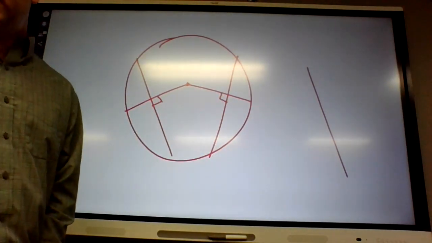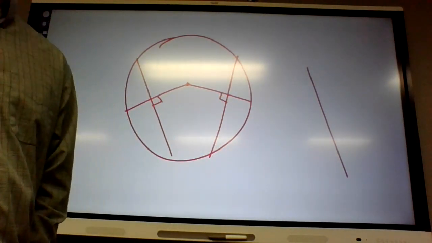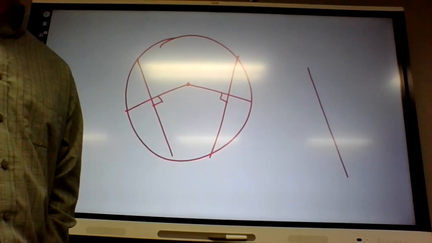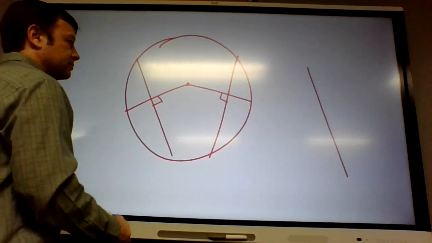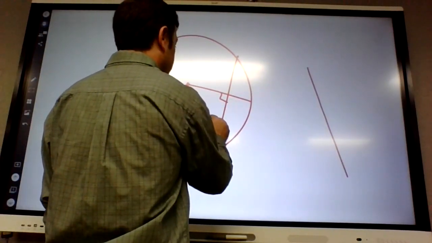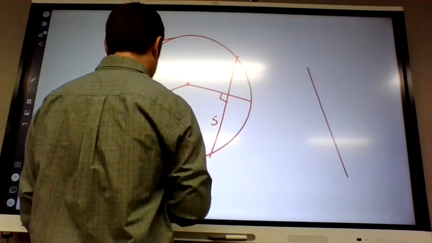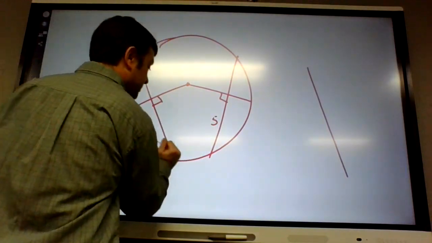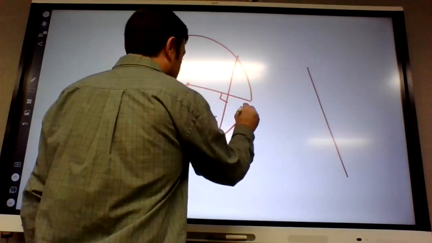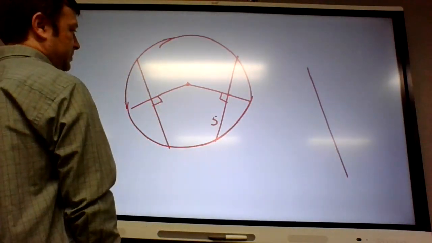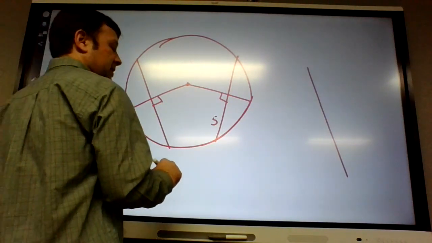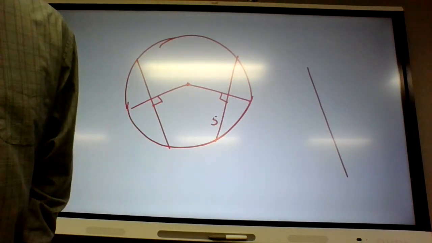Okay, so if BE is 10, how long would CE have to be? 5. That's not a good drawing, gosh. Let me see if I can fix this a little bit. That's better. Okay, right, and what else did it tell us?